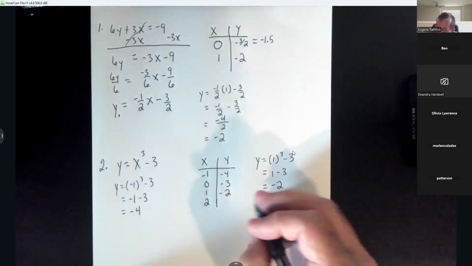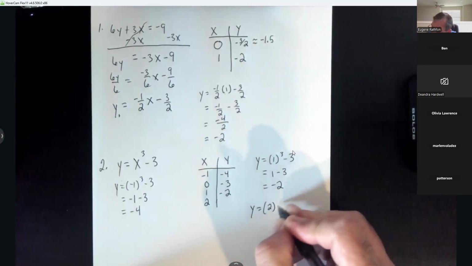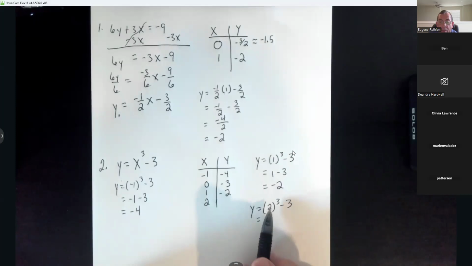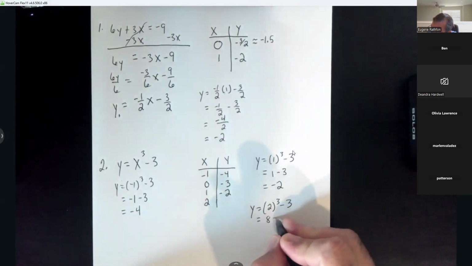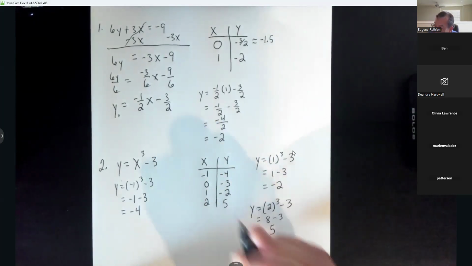All right, when I put a 2 in, I'll have y equals 2 cubed minus 3. All right, y'all, 2 times 2 times 2 is 8. So that gives me 8 minus 3, which is 5.